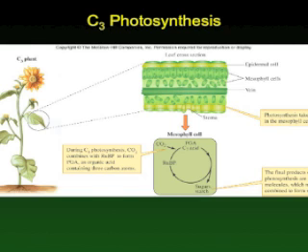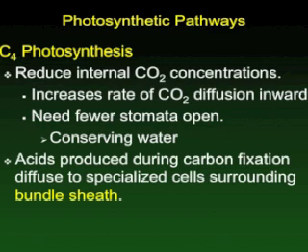Plants that live in dry climates or arid environments often use a C4 photosynthesis process where the carbon dioxide inside the plant is moved over into a molecule called PEP, or phosphoenol pyruvate. It's a C4 molecule.